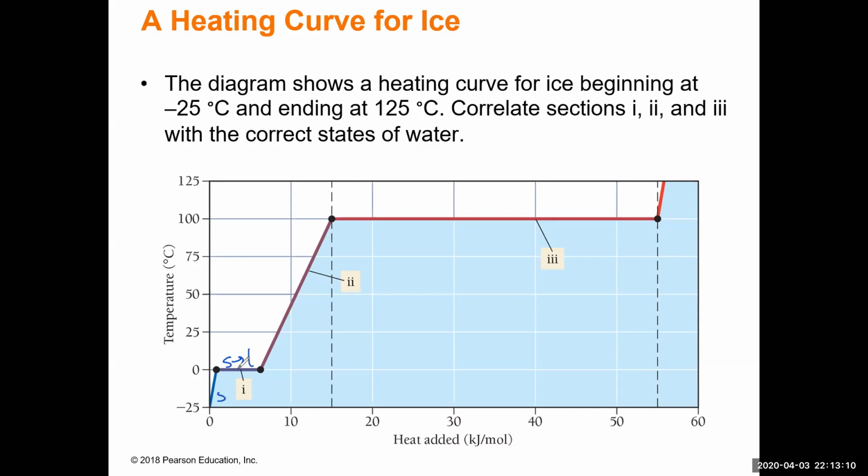For section 2, we are now starting at 0 degrees Celsius and going all the way up to 100 degrees Celsius. At this point, we are just in our liquid state. And then lastly, once we reach 100 degrees Celsius, for section 3, we are now remaining at 100 degrees Celsius.